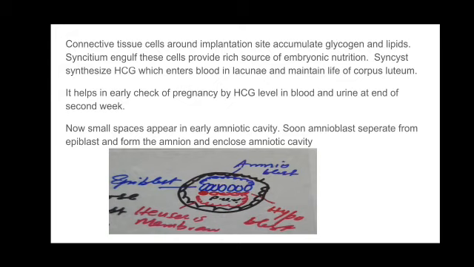Now small spaces appear in the early amniotic cavity, and soon amnioblasts separate from the epiblast and form the amnion and enclose the amniotic cavity.